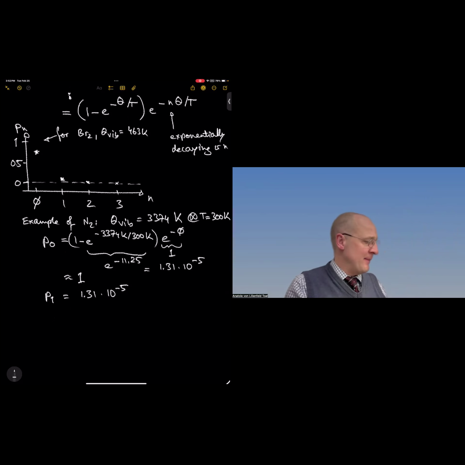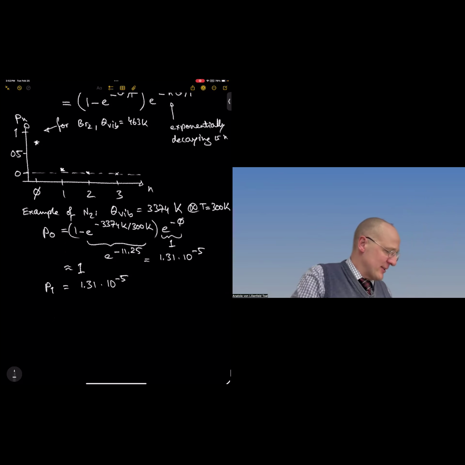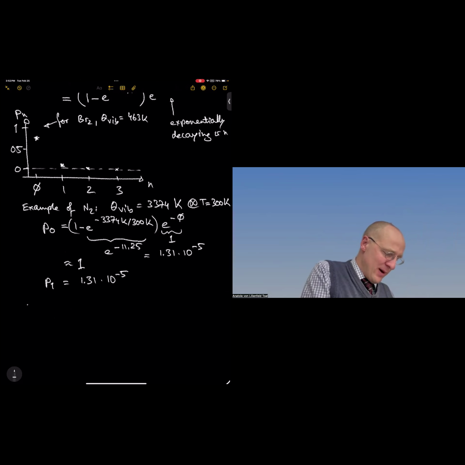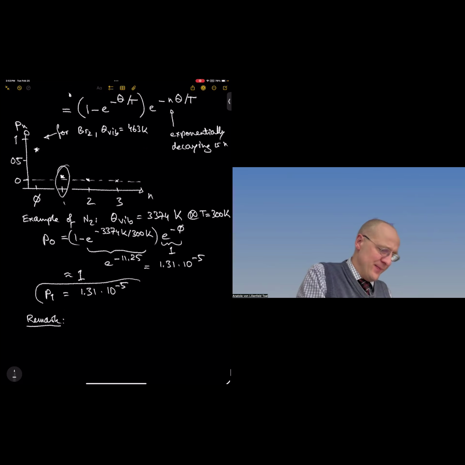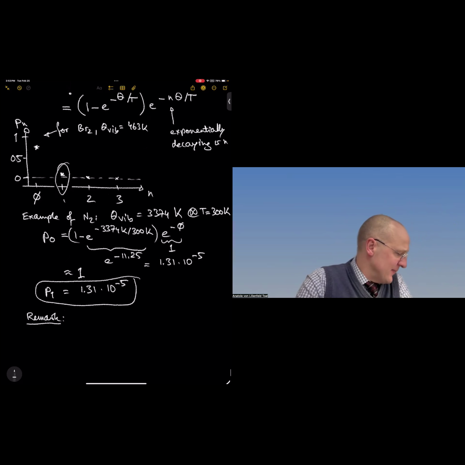Now, before we conclude this discussion, I would still like to make one remark on the weirdness of quantum mechanics, which enters here, right? If you consider now this first excited state, or this one here, for N2, it has a low probability. For bromine, it's higher, right?